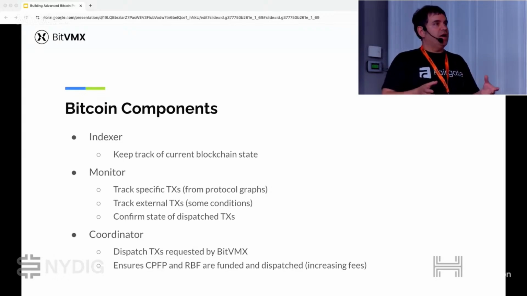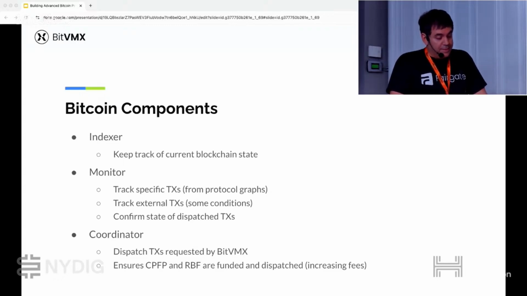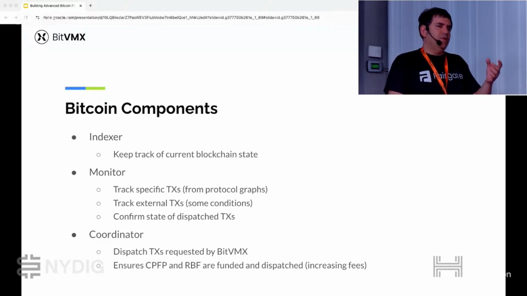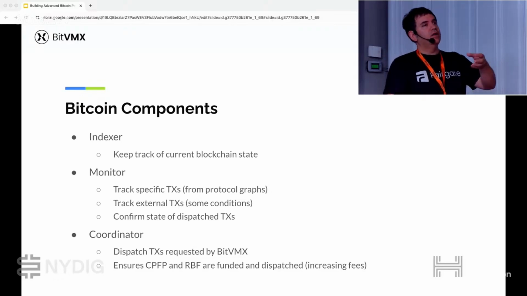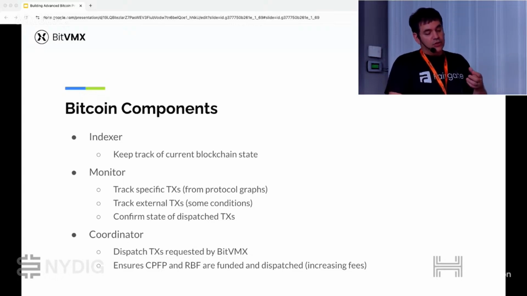So it's important to have a module responsible for tracking this and notifying the upper layers in case it happens. In some cases, we need to track external transactions because, for example, when an external user wants to put money on the bridge or send something to a specific UTXO, they might be informed by other means of the transactions. So we need to be able to track these transactions and see if they are present on the blockchain. And of course, we need to be able to confirm the state of our own dispatched transactions.